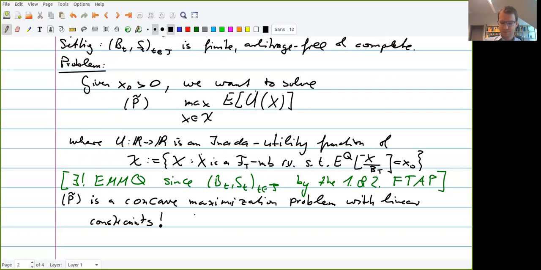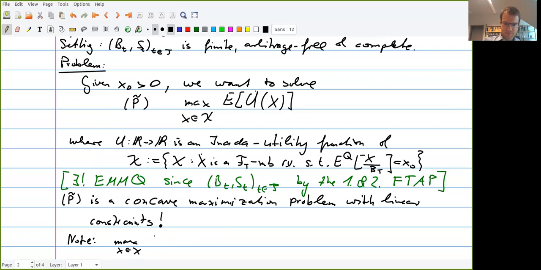because, well, what we note here, if you look at this maximization problem, right?